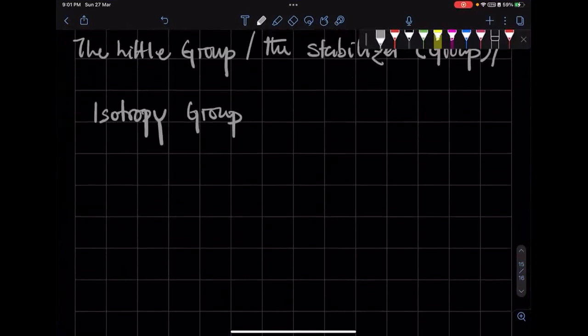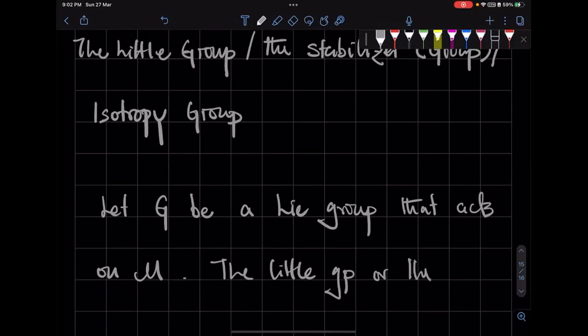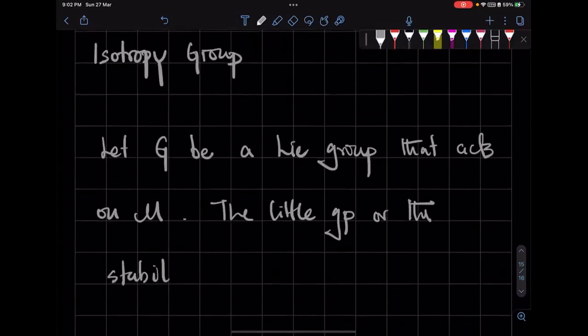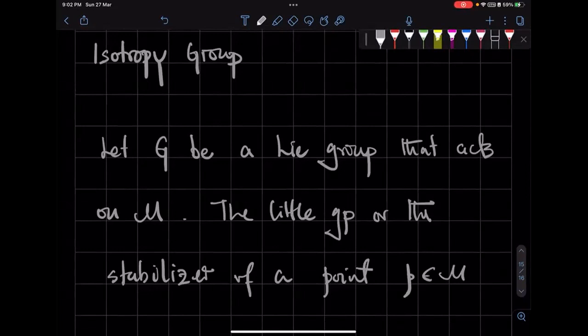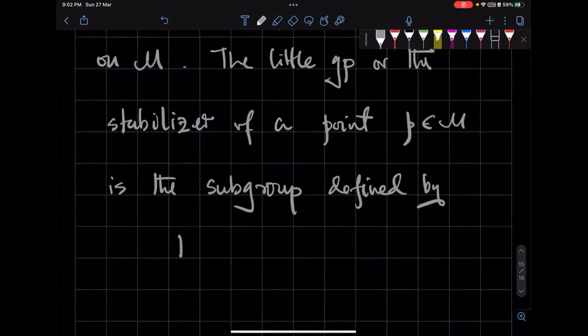So what is the little group? Let G be a Lie group that acts on some manifold M. The little group, or the stabilizer, of a particular point, say P, of that manifold is the subgroup defined by H_P.